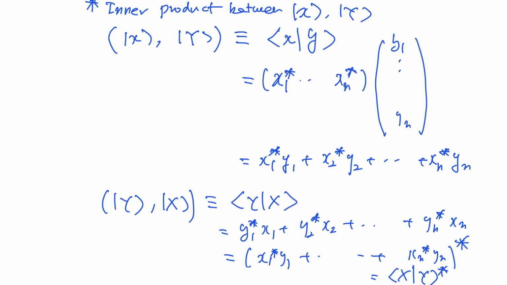So when you change the order, you simply put the complex conjugate on it. It's one of the basic properties of the inner product for the matrix. So (x, y) is the same as (y, x) complex conjugate.